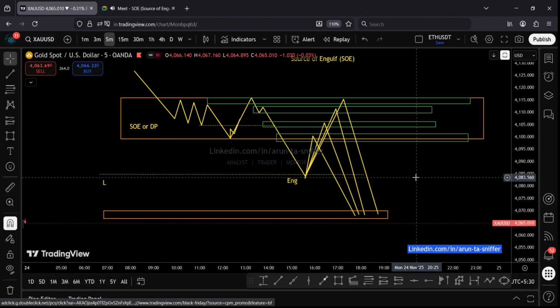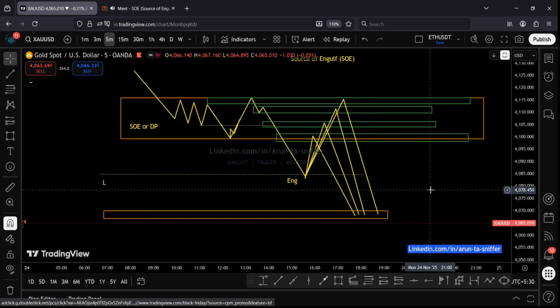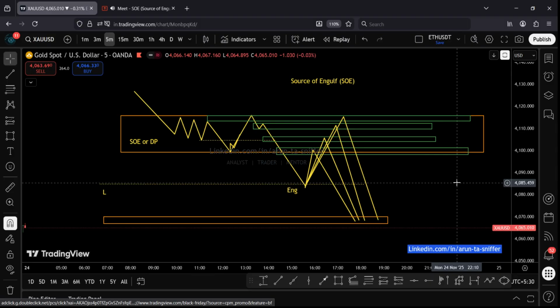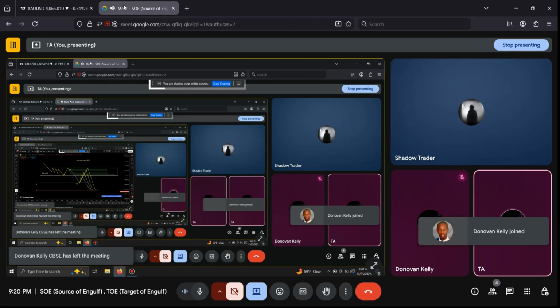Now let's talk about target of engulf. Any question, or should I delete this? No question. Okay, fine. So let's start target of engulf.